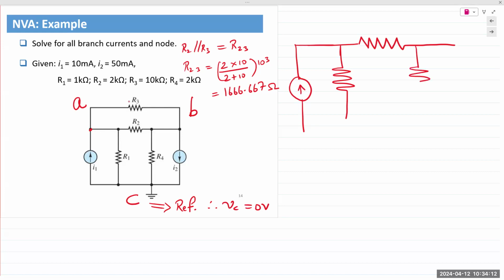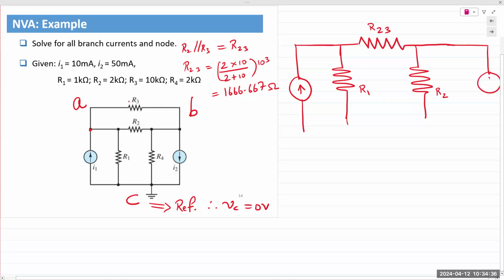Then I'm going to draw. So this is going to be R23. This is R1. This is R2. And then I2 somewhere to the right.